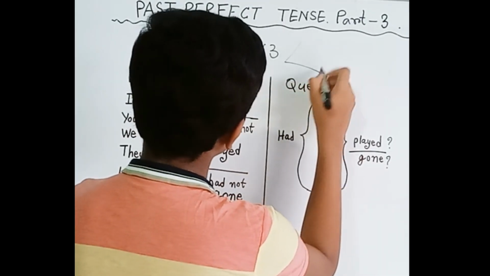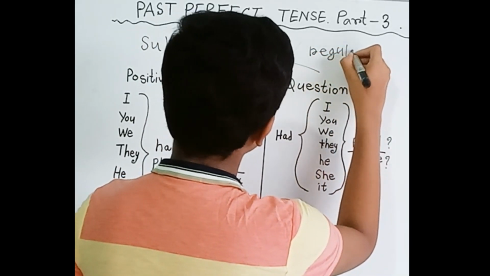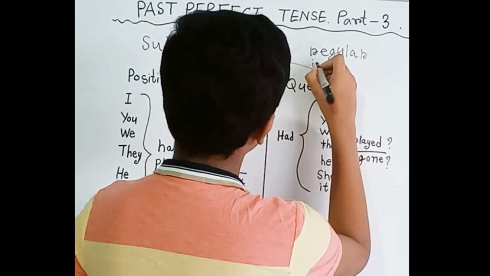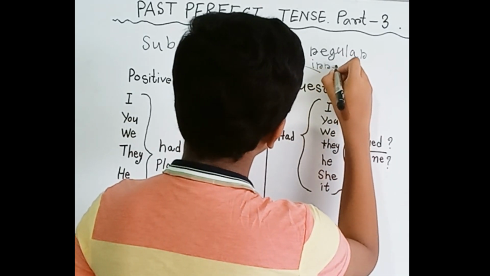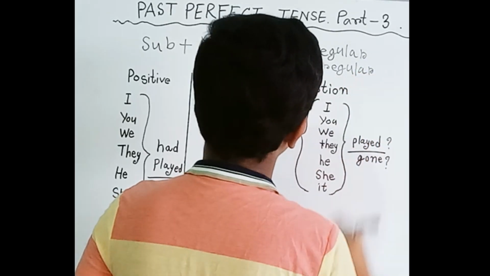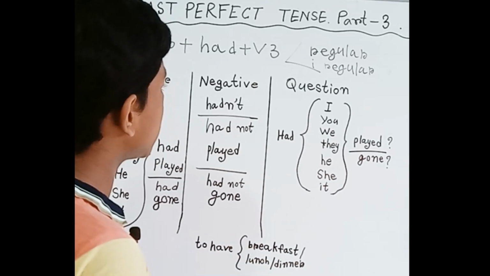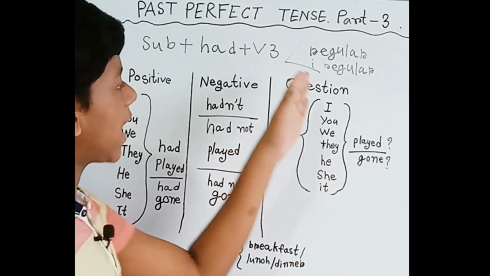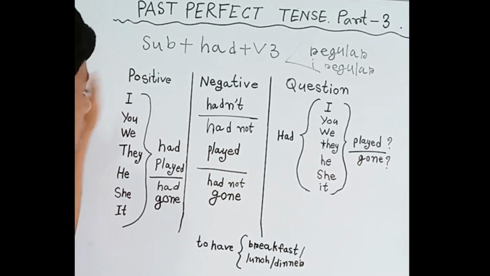For example, regular and irregular verbs. So it can be anything, regular and irregular verb. These are the main basic structure of this.